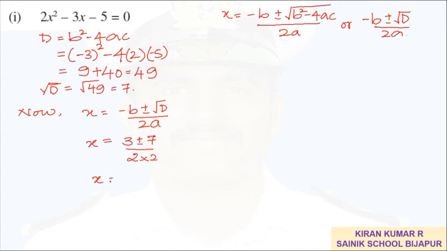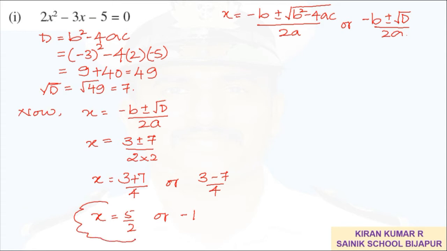So x value is either 3 plus 7 by 4 or it is 3 minus 7 by 4. This will be 10 by 4, which is nothing but 5 upon 2, or this will become minus 4 by 4, minus 1. These are the roots of the given equation: x is equal to 5 by 2 and x is equal to minus 1.